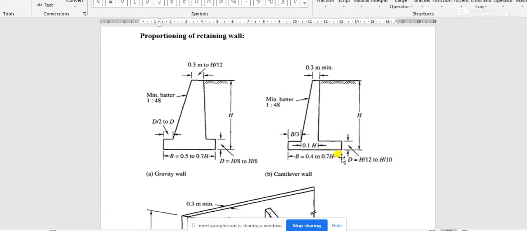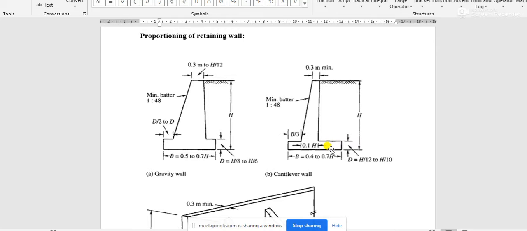Or you may take the slab thickness as 10 divided by 12, that means 0.8 meter to 1 meter. You may take 0.8 meter, 0.9 meter, or 1 meter also.